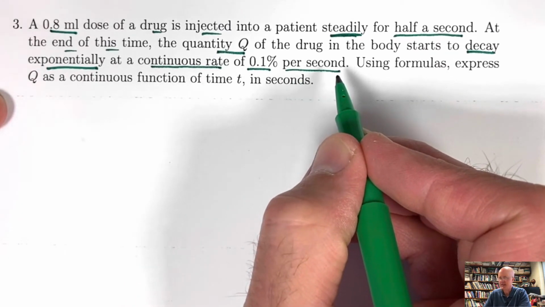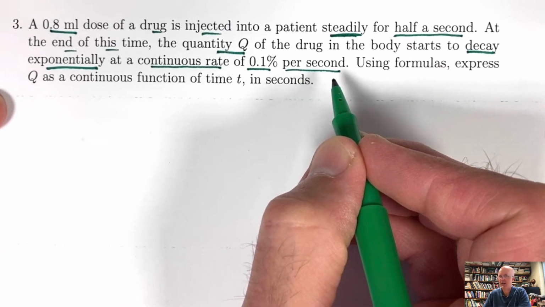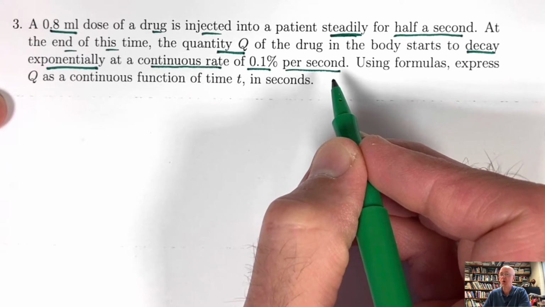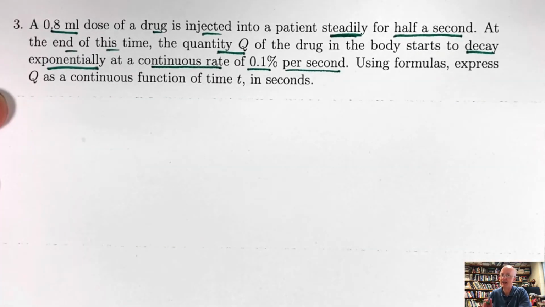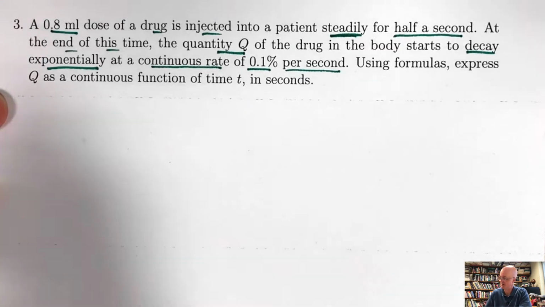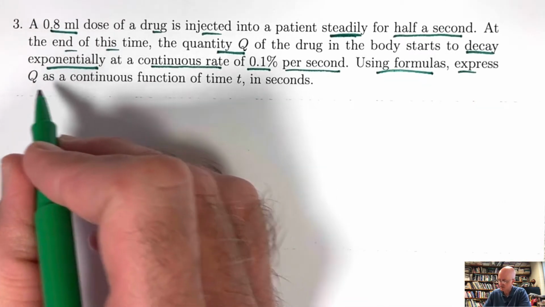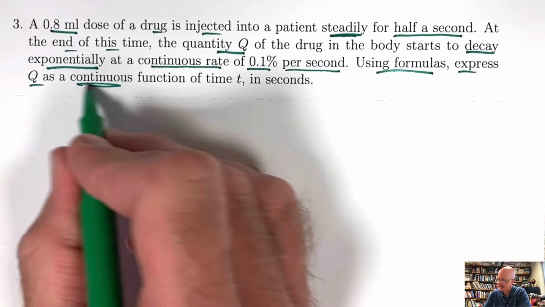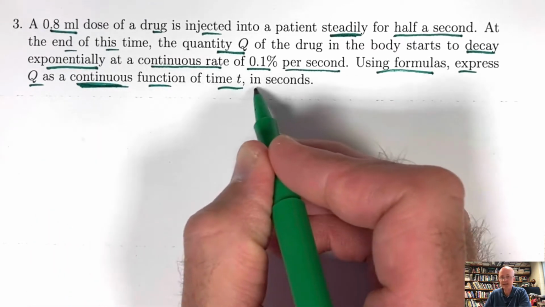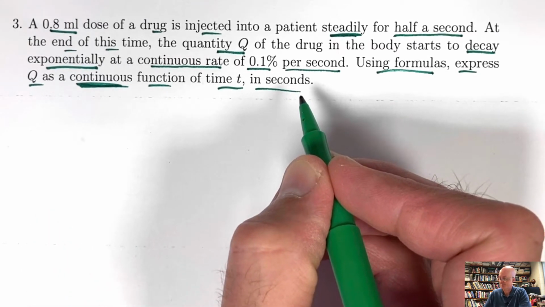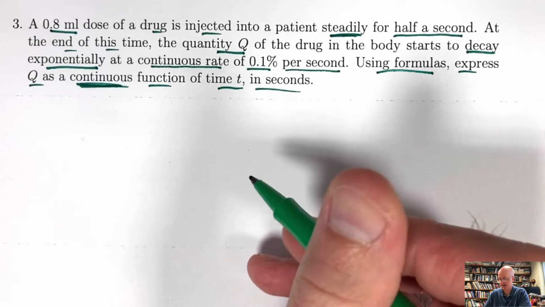Okay? You might wonder, is this something that could actually happen? Don't worry about it. This is mathematical modeling, it's not going to be perfect. We just want a decent model. Using formulas, the goal is to express Q, this quantity, as a continuous function of time t in seconds. Seems pretty hard.